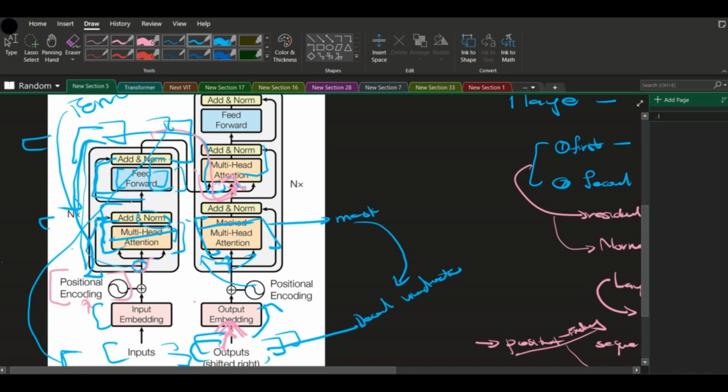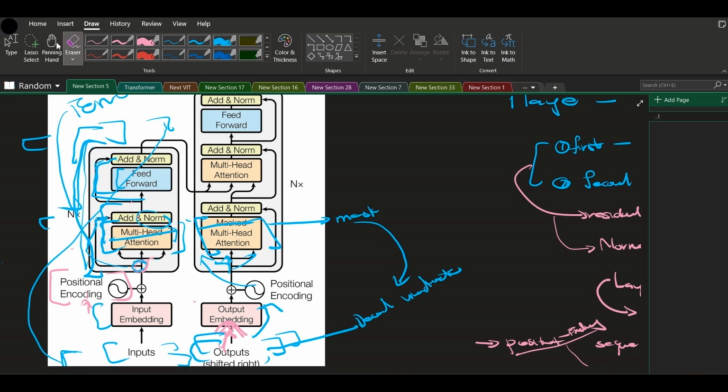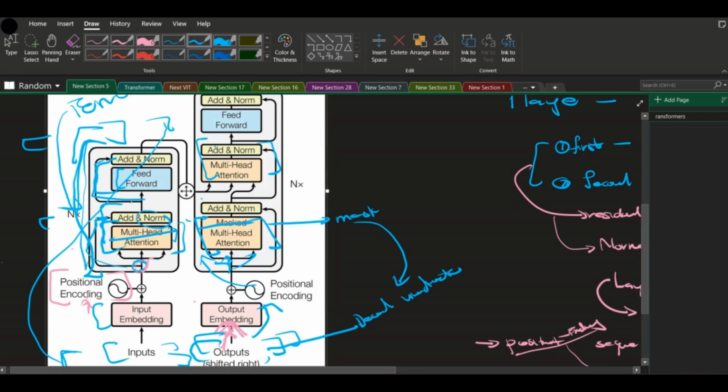So I'm just going to erase these to make it a little bit cleaner. What you're seeing here is that we have three inputs going into the second sublayer. Here we have the queries going into the multi-head attention, then we have the keys and the values.